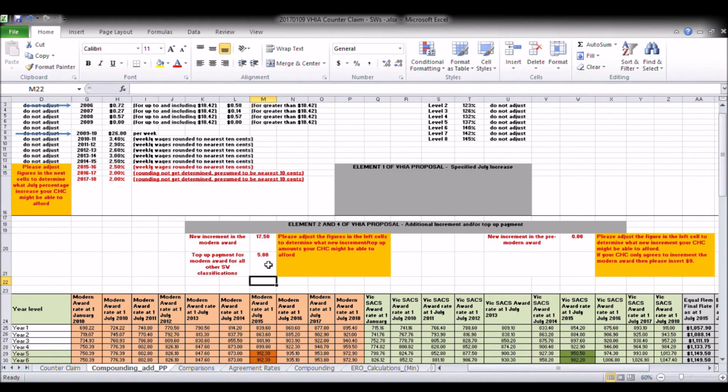It's important to note that all of these figures will get indexed over time by the relevant July and ERO increase.